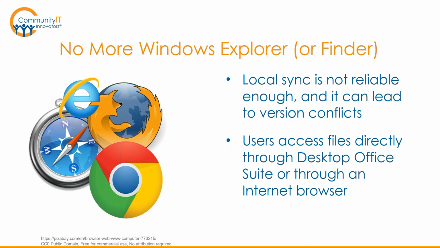So you need to access files directly through the desktop Office suite, like Word or Excel. We had that screenshot before, where Office 2016 for both Windows and Mac does this very well with Word, Excel, PowerPoint, etc. Office 2013 does it pretty well for Windows.